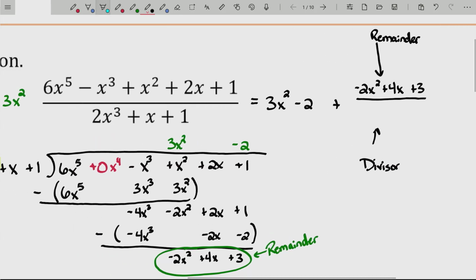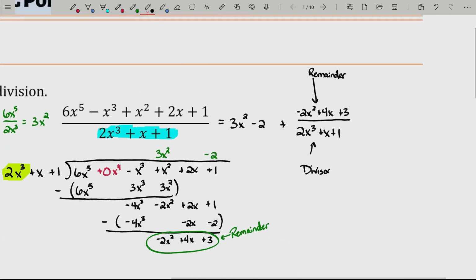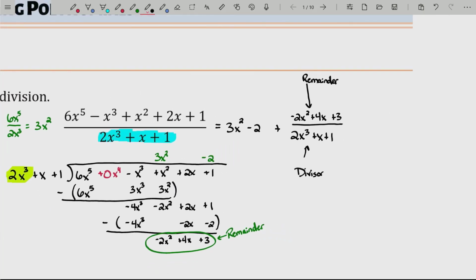And remember, the original divisor is this guy right here. So it's over 2x cubed plus x plus 1. And so this is how you would do long division way back in the day.